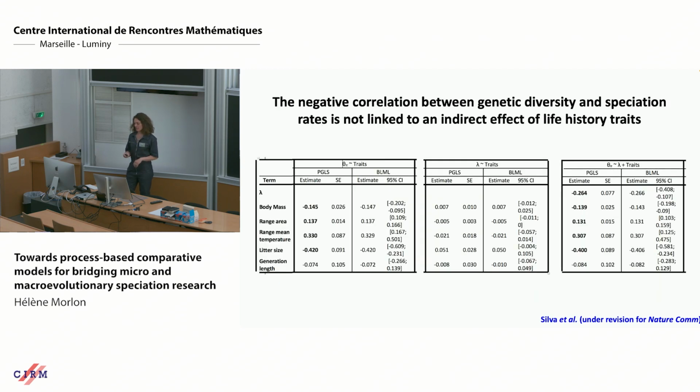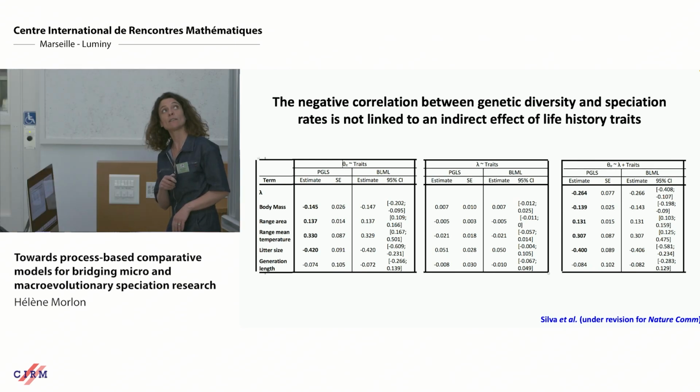So we tested a bunch of candidate traits that could potentially influence speciation rates and genetic diversity. So things like body size, range area, generation length, and so on. And we did find that those were correlated with genetic diversity a lot of the time, but not with speciation rates.